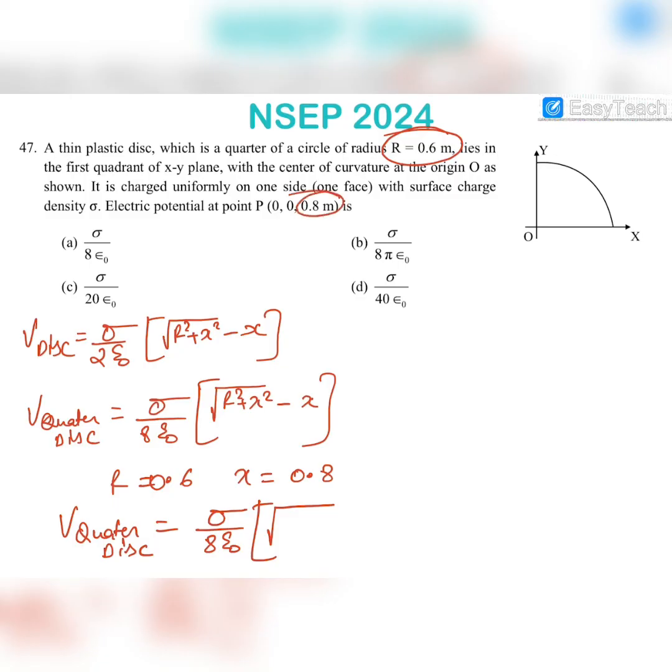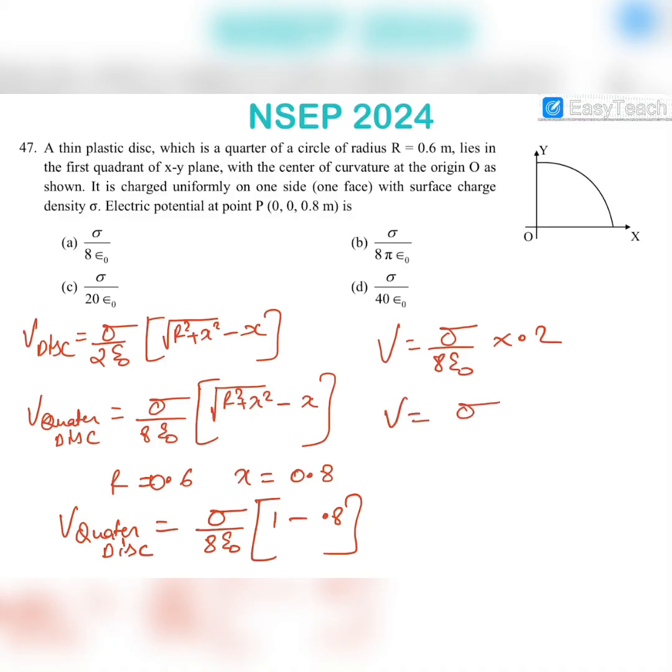So it is 1, minus X, which is 0.8. So V will be equal to sigma by 8 epsilon naught into 0.2. So V will be equal to sigma by 40 epsilon naught. So this will be the fourth option, D will be the correct answer.